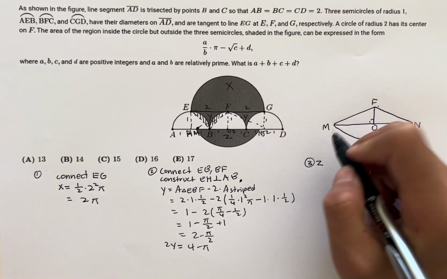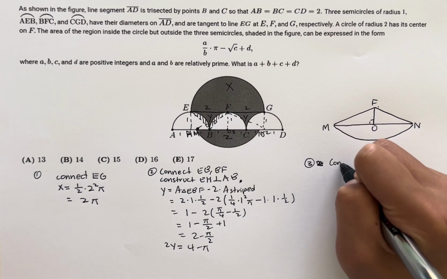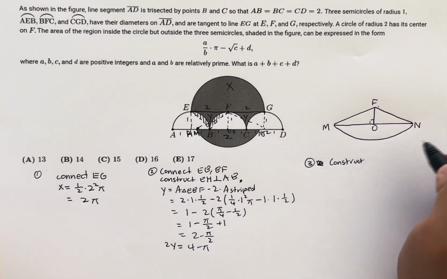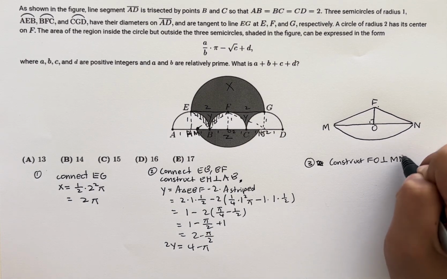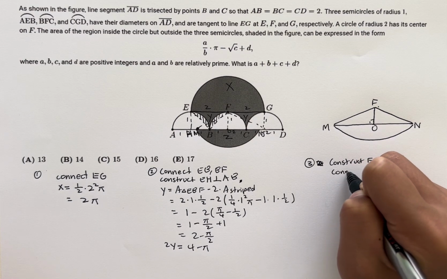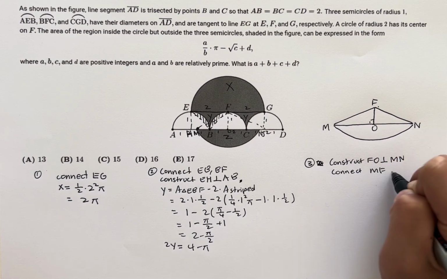So construct FO perpendicular to MN. Connect MF and NF.